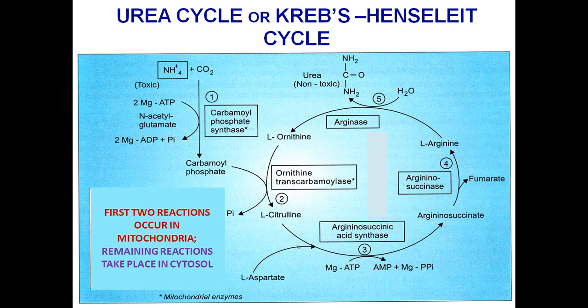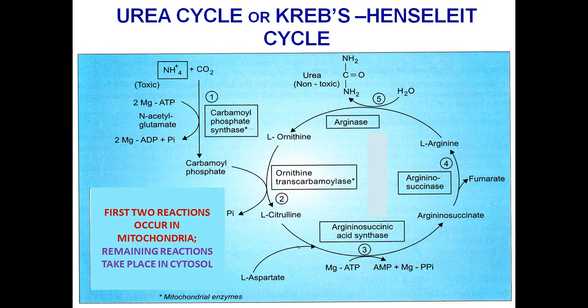To operate this cycle, it requires 2 ammonia molecules and 1 carbon dioxide molecule. In the first reaction 2 ATP are utilized, and in the third reaction again 2 ATPs, total 4 ATPs. Only 4 ATPs are utilized by the urea cycle in detoxifying ammonia into urea.